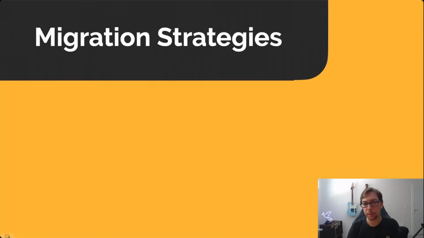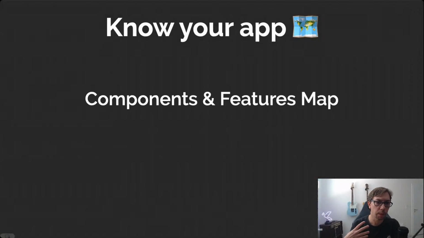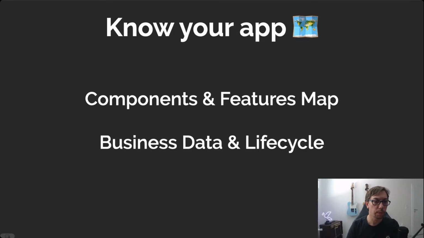Let's talk about migration strategy. To start, of course, you don't need a super great audit, but you need to know your app in terms of component features, because then you will ramp up and want to localize where the good stuff is, where you want to start, and where it is tricky to go.